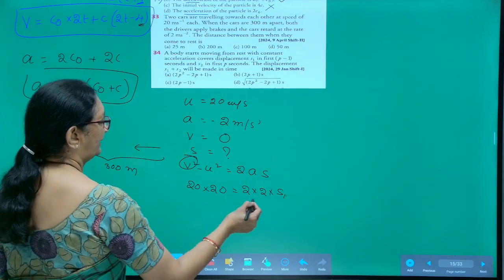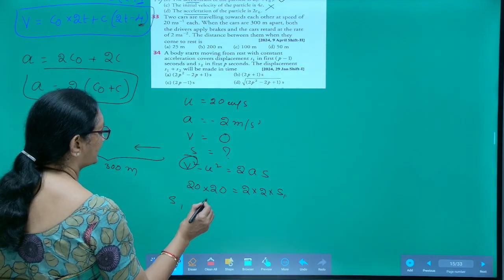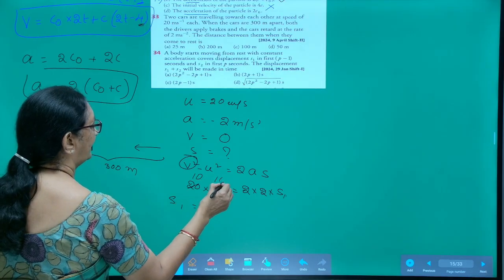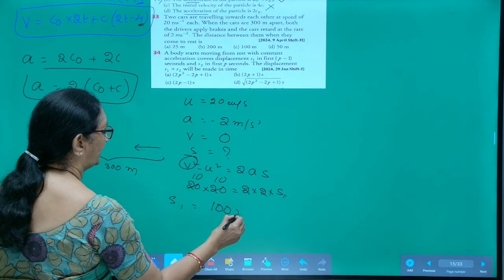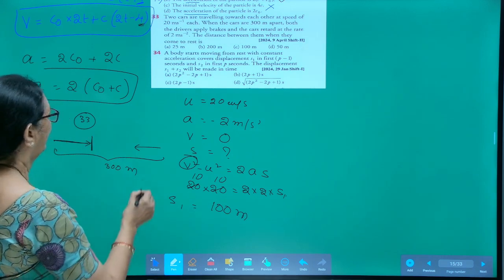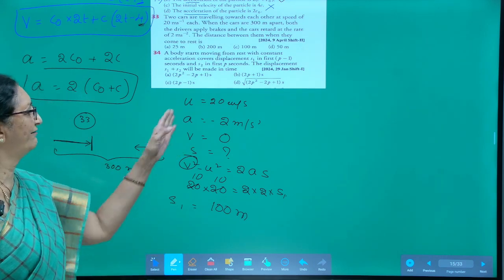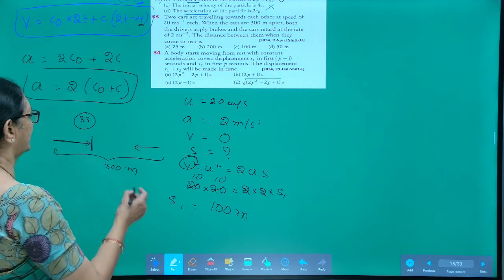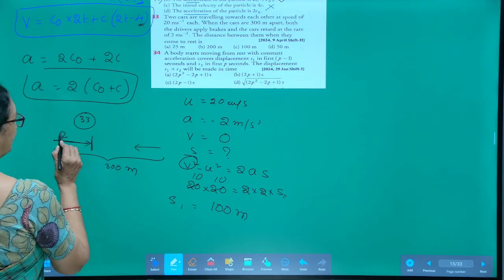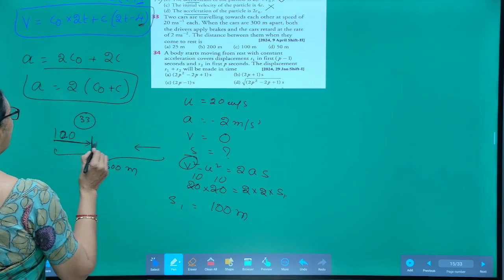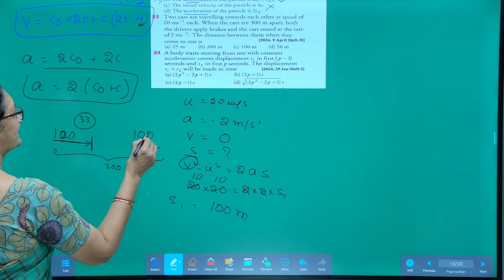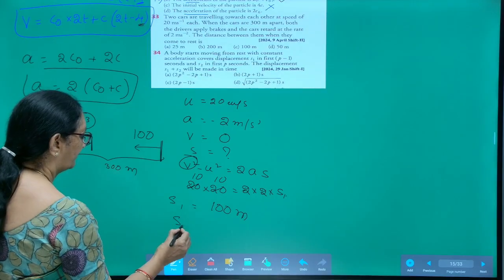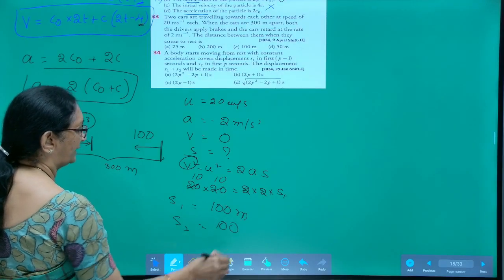So s1 is equal to 100 meters. Similarly, the second car is also traveling with the same velocity and brakes are applied with the same retardation. If this distance covered is 100 meters before it stops, the distance covered by this car also becomes 100 meters. S2 is also 100 meters.